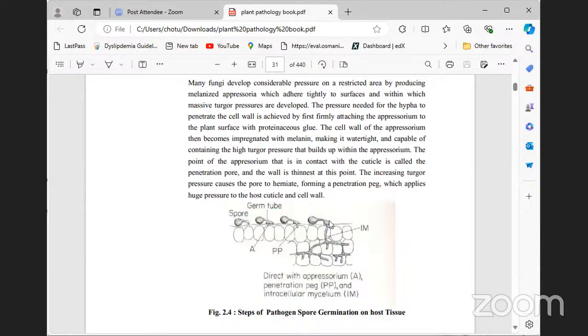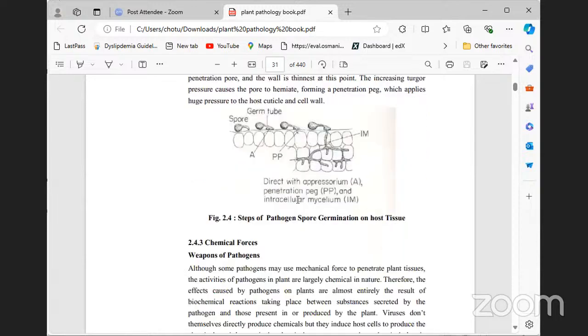So there are three stages: the appressorium, the second stage is the penetration peg, and the third is the intracellular mycelium.